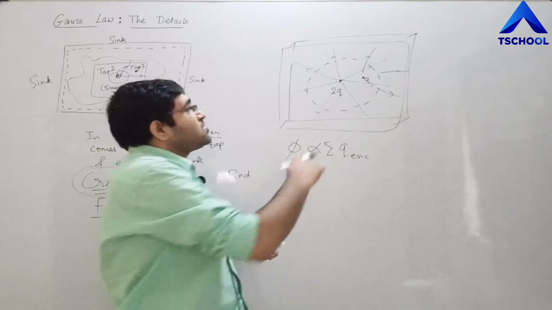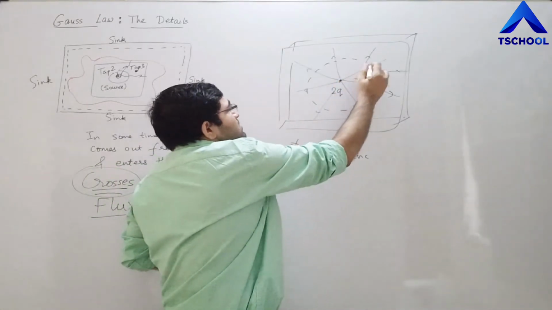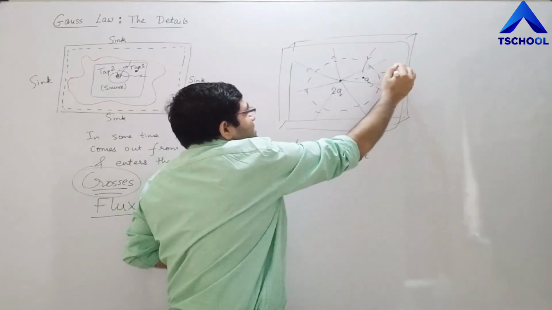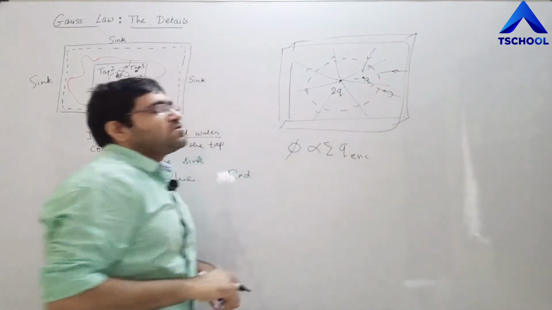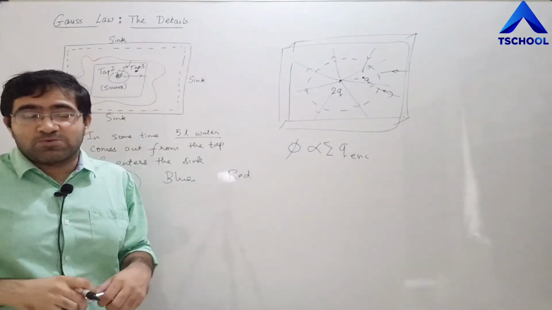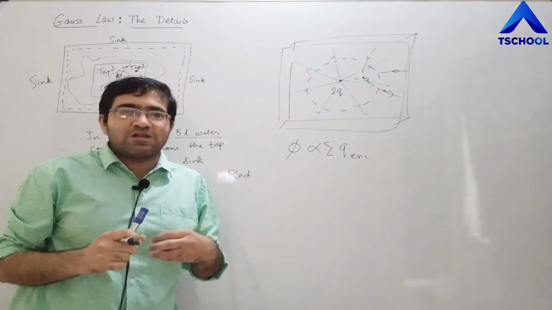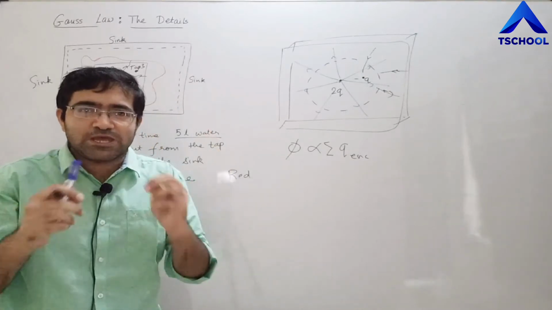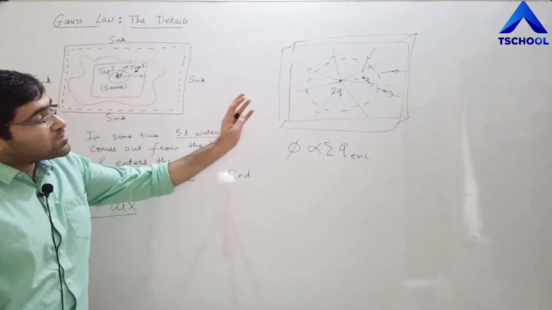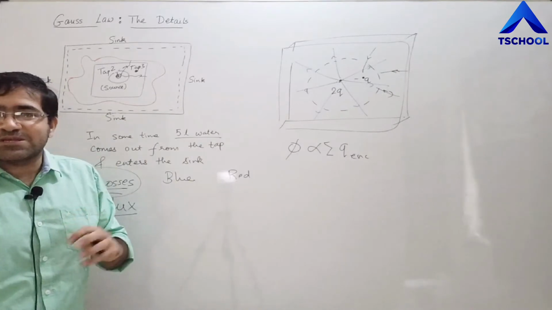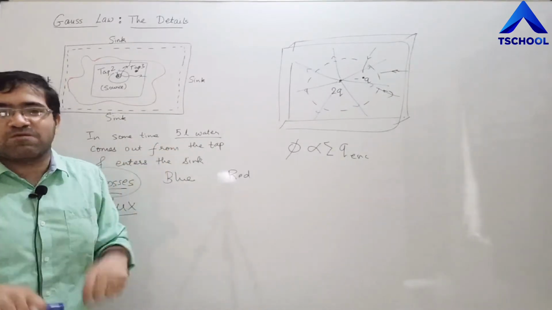On the other hand, if you put a negative charge, then the negative charge actually takes in the electric field lines, right? Because I hope you remember that the electric field lines come out from a positive charge but go inside a negative charge. So it's like it's absorbing or taking in some of the electric field.